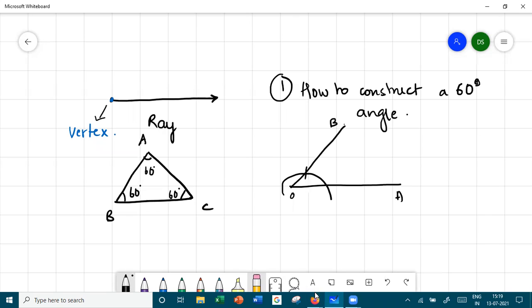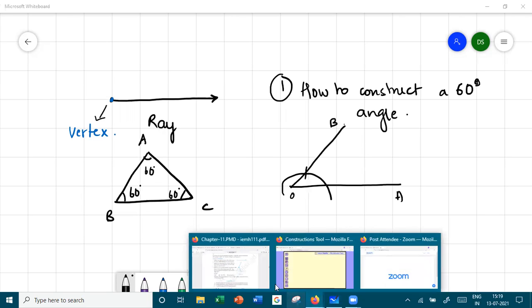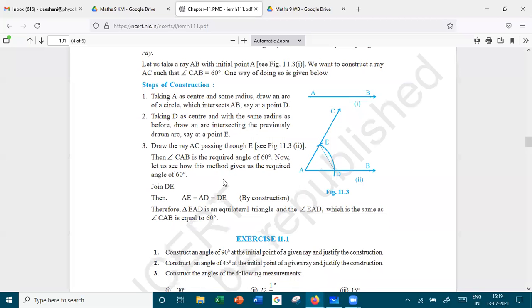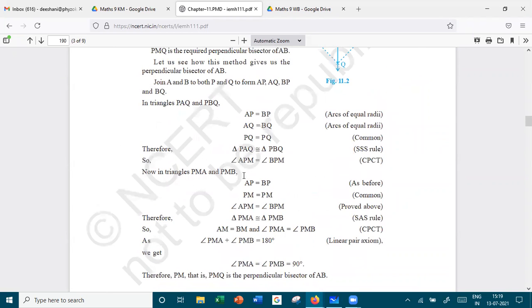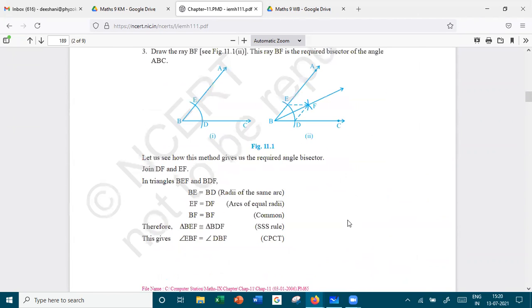Yeah, for this, I would say a prerequisite for this chapter would be a little bit of triangles, because for the justification part, everything given uses congruence tests, right? If you look at all these proofs here, these all involve the congruence tests, which are SSS, SAS, or RHS, right?